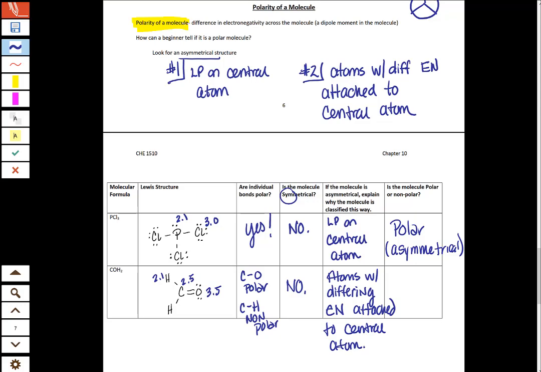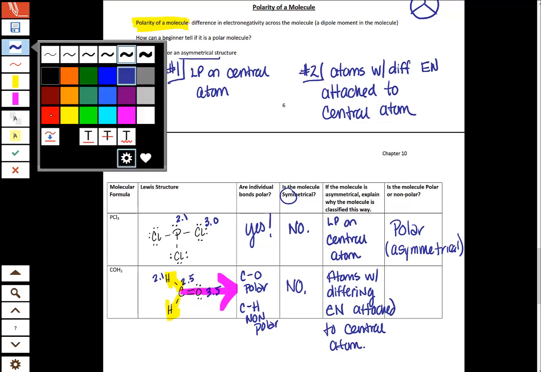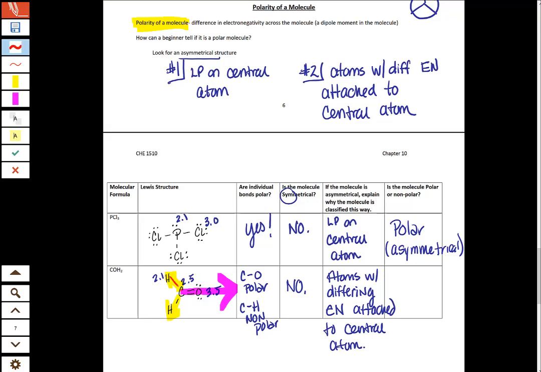I always like to think of examples like this one with tug of war. What's happening is the oxygen is pulling the electron density in its direction very strongly. And the carbon-hydrogen bonds are like little baby arrows pulling electron density in their direction.